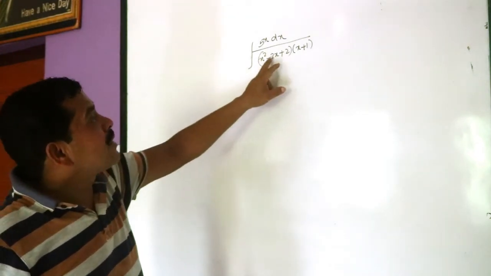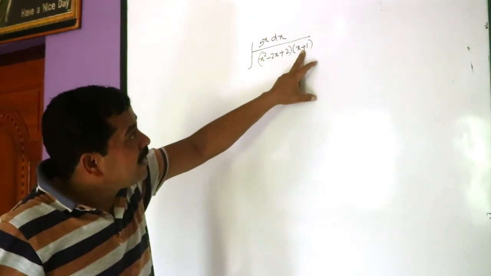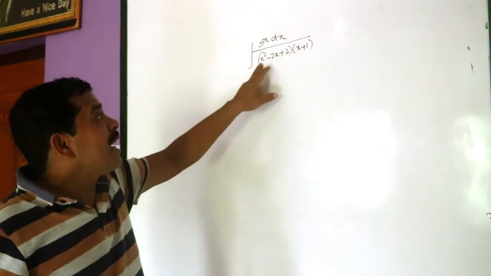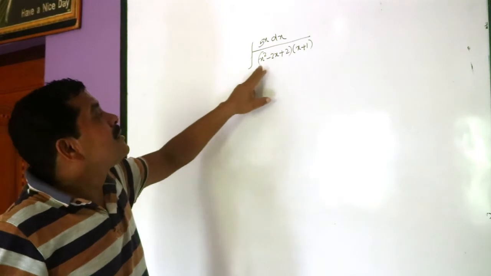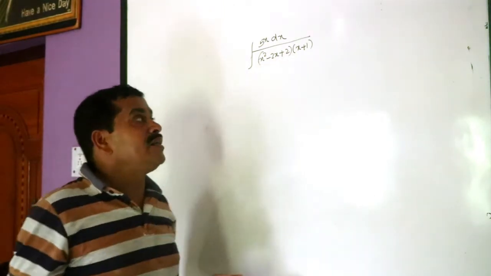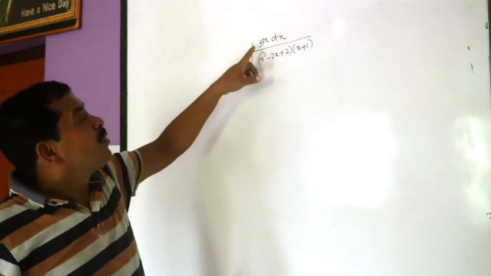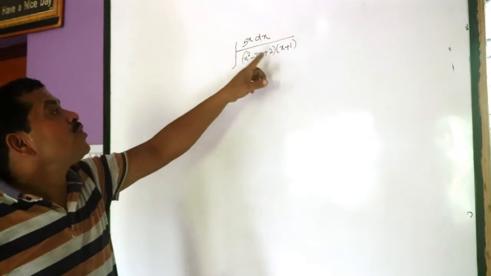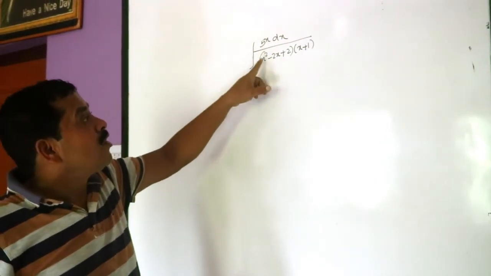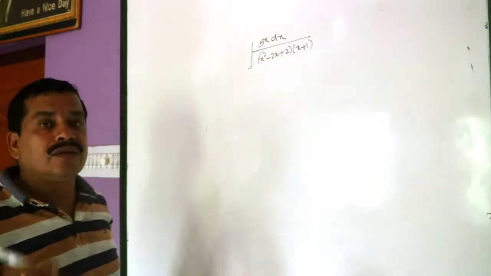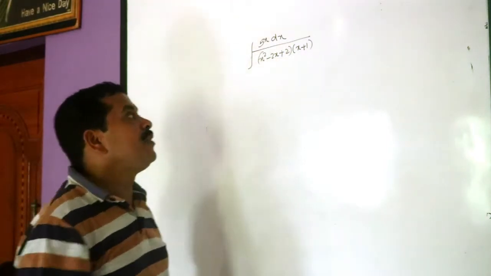But of these factors, one factor is linear, another factor is quadratic, and we cannot factorize this. x square minus 2x plus 2 cannot be factorized. So it is a quadratic that cannot be factored into linear factors. So this case is non-linear and non-repeated.